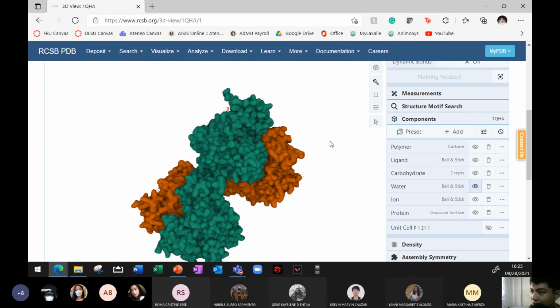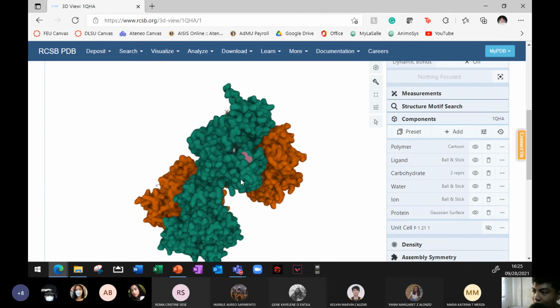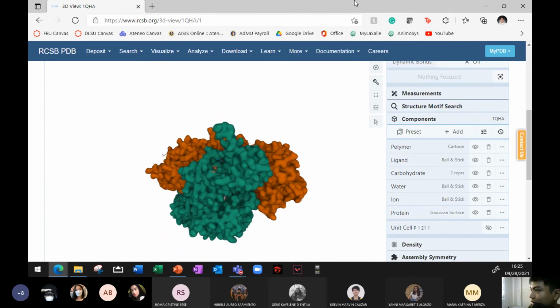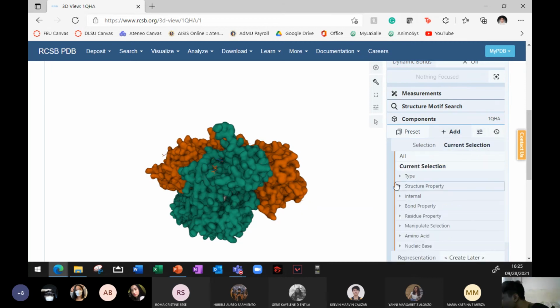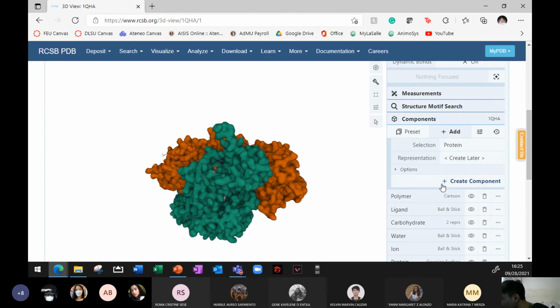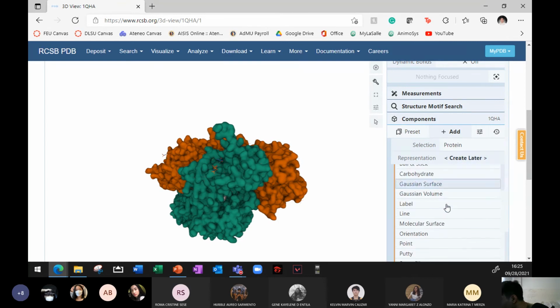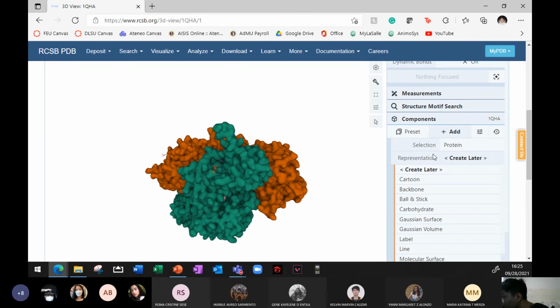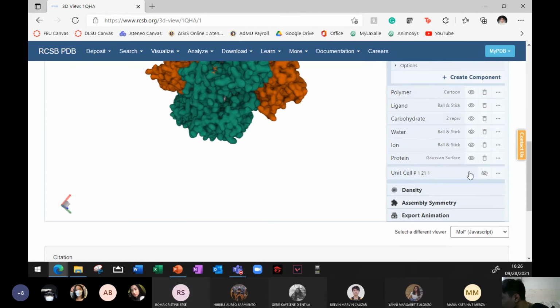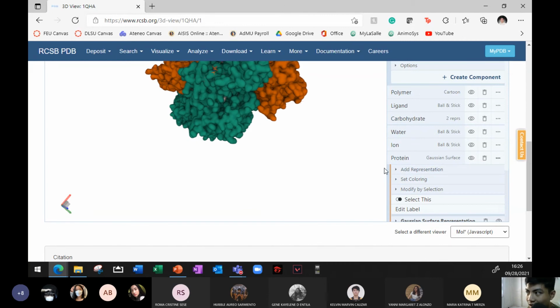Okay? Let's check the polarity of the surface of the molecule. Sige. Let's check the polarity. Mag-a-add ako. So, dito sa Gaussian surface, magdadagdag ako ng polarity.